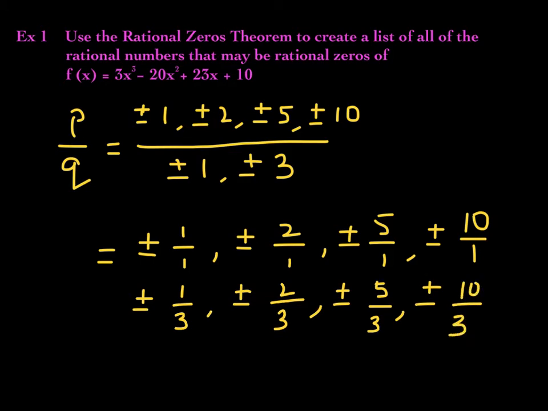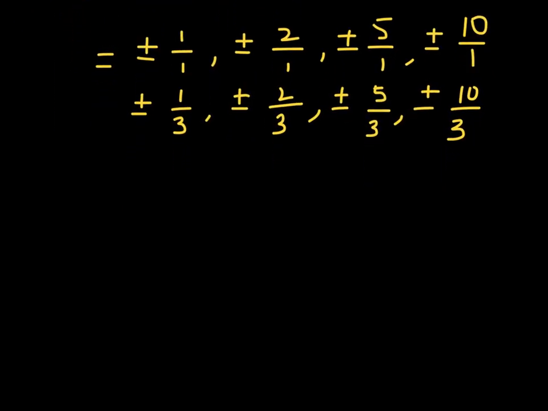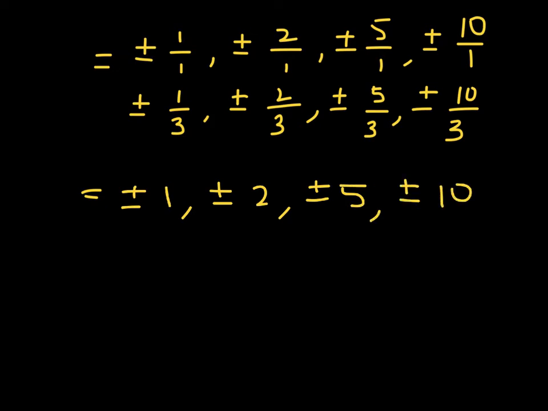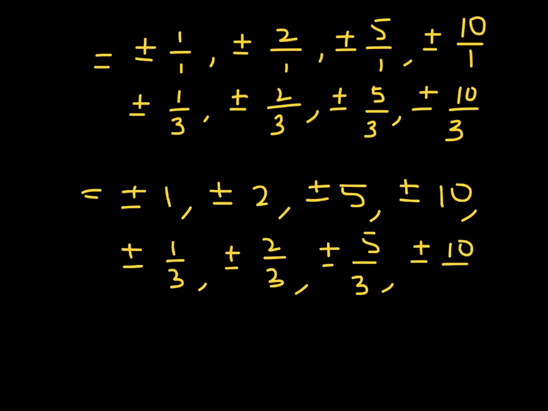Now that you have your list, you should simplify this. So you have plus or minus 1, 2, 5, and 10, comma, plus or minus 1/3, plus or minus 2/3, plus or minus 5/3, plus or minus 10/3.